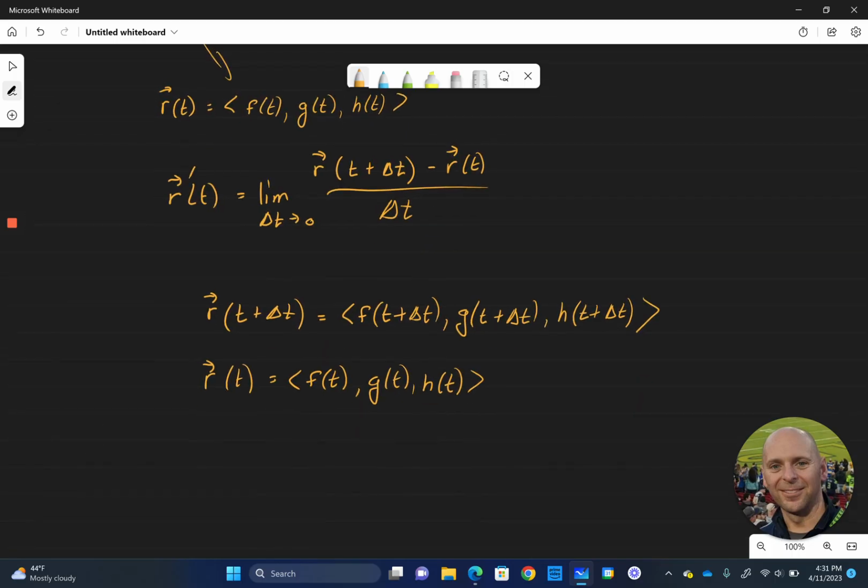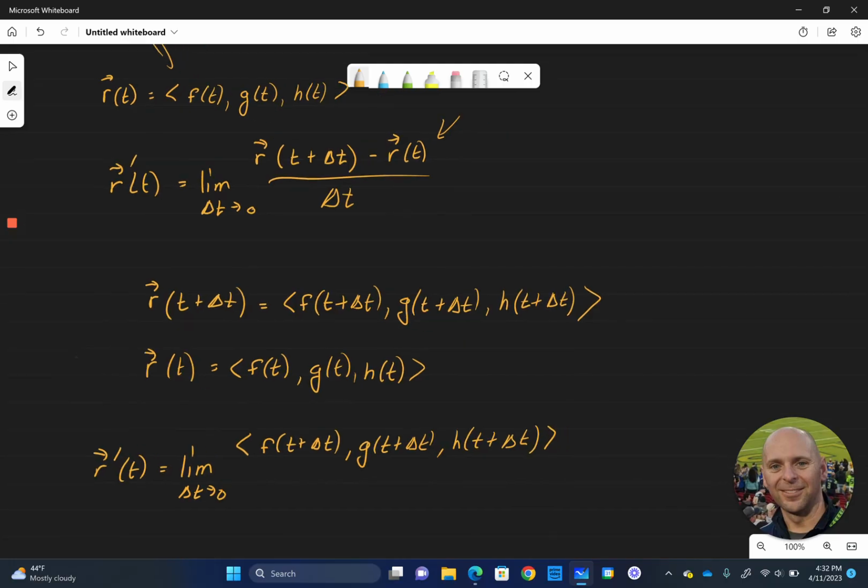Now again, through our difference quotient, we're supposed to take the difference of these two quantities. So let's go ahead and do that and start setting up our limit. It's going to be equal to the limit as delta t goes to 0, and r of t plus delta t then is f of t plus delta t, g of t plus delta t, and h of t plus delta t.